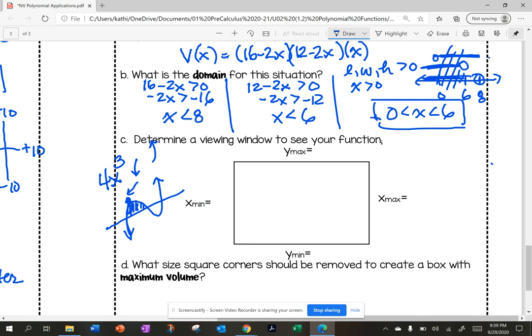Okay, so again, I know how to set up my x minimum and maximum from 0 to 6. I know this is going to be volume. I guess I'm going to say this is my height, and here's my volume.